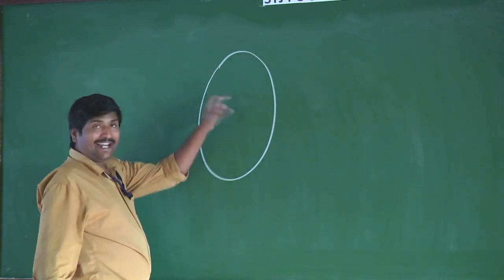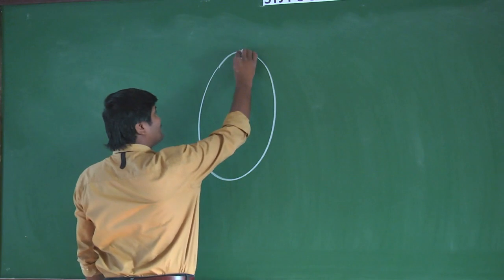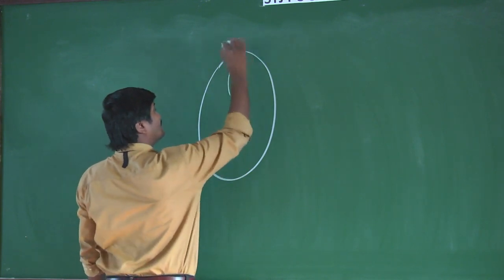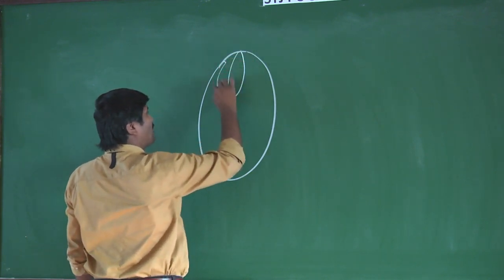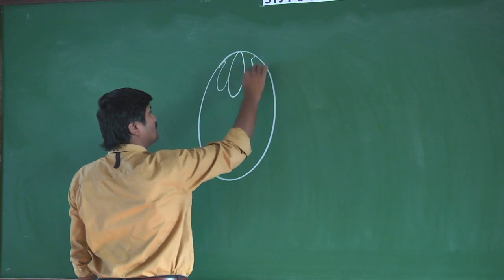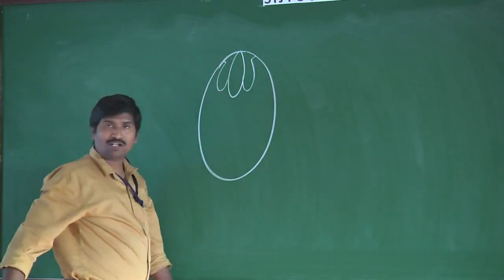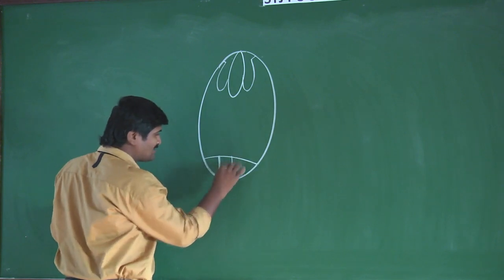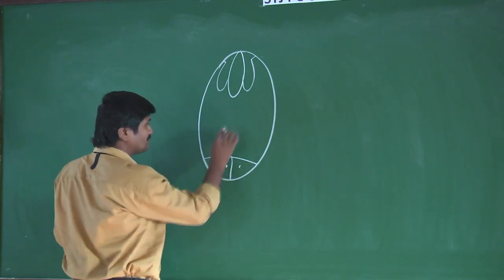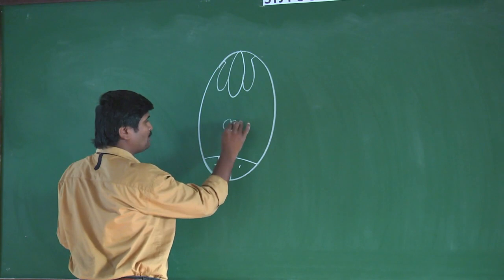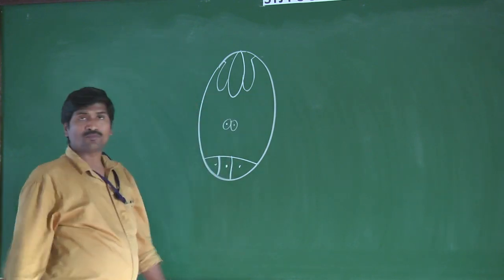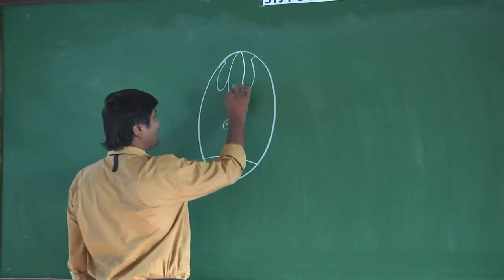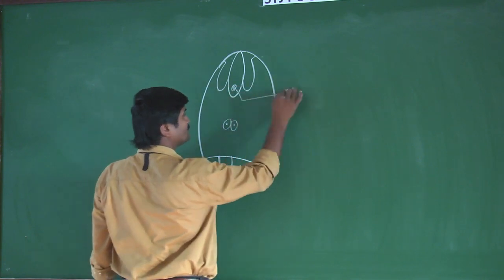The total is 8 nuclei and 7 cells. There is an egg apparatus towards the micropylar region. These are 3 cells towards the chalazal region. In the central position, polar nuclei. Okay, this is an egg cell.